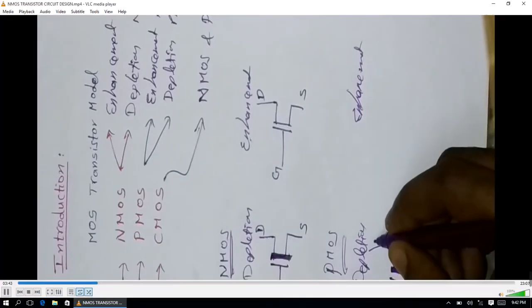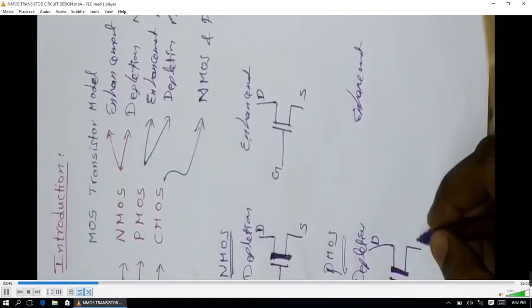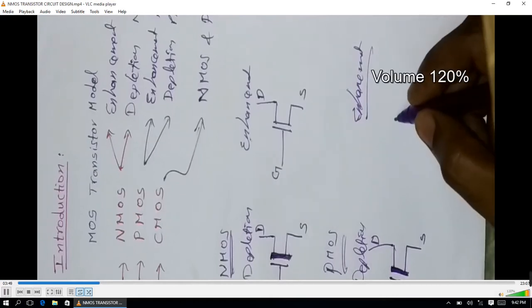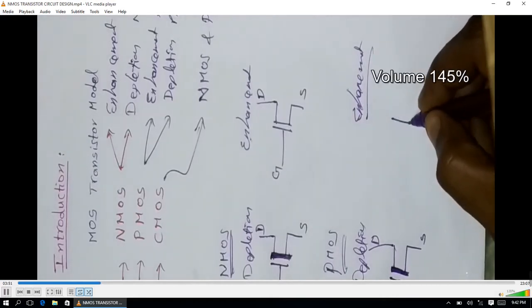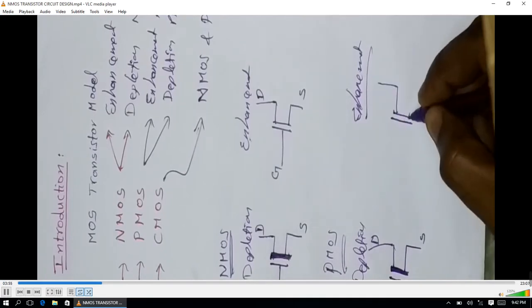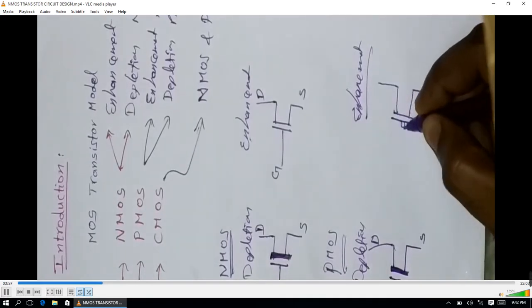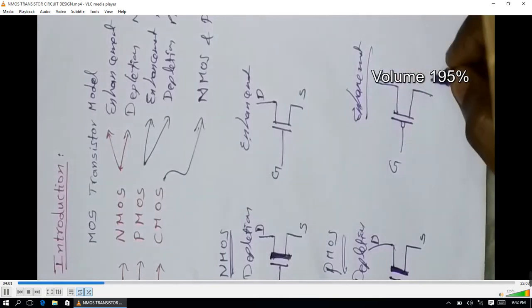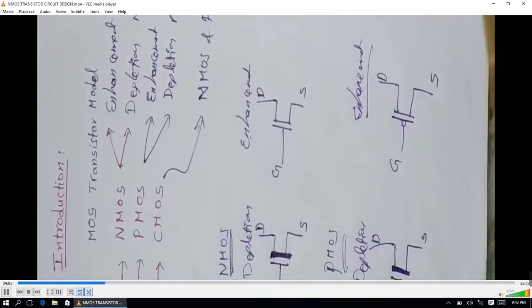That's for gate and drain and source. And similarly for enhancement mode, this is gate, drain, and source. Okay, this is about the Nmos transistor model and PMOS transistor models.